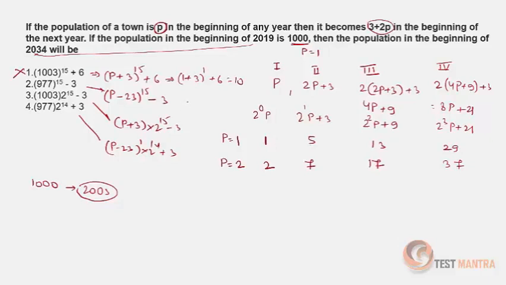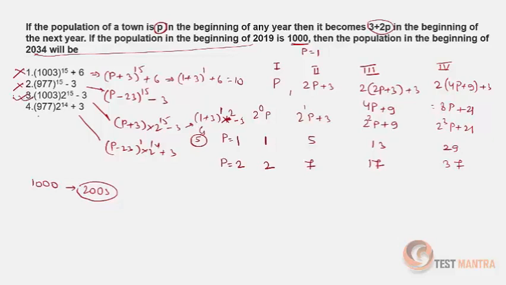If we take this one, it will be a negative value, so this is definitely ruled out. Now if we take this one, right, it's 1 plus 3 into 2 raised to 1 minus 3, so that is 8 minus 3, which is 5, which is still possible.